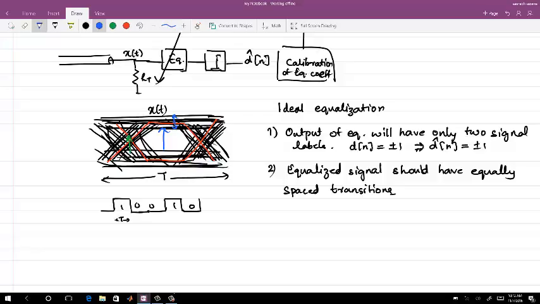This error is like the error in sampled data, which is the magnitude of the voltage level. The other error which you can observe is the error in the transition point.